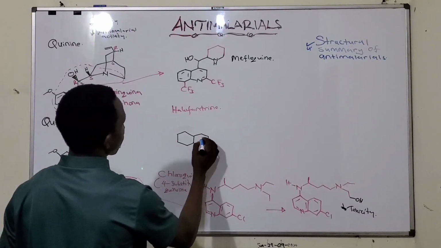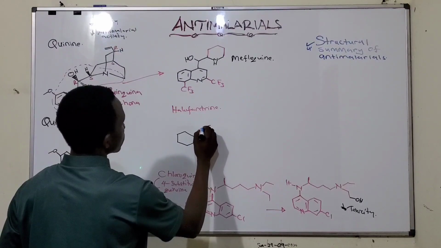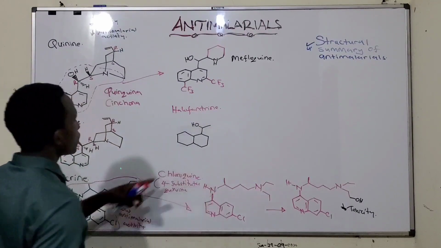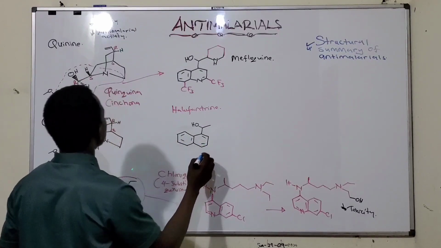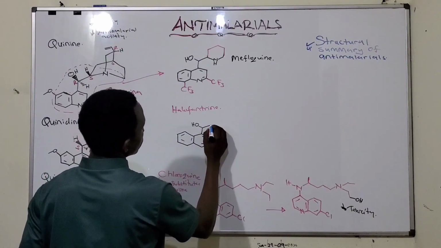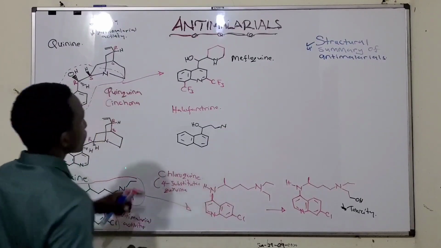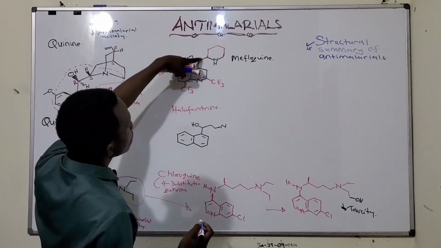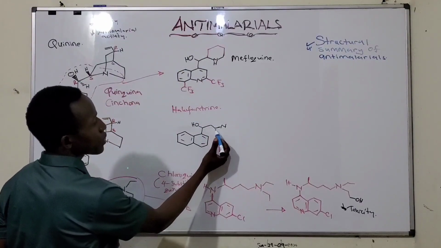Then here we have this with OH, but for it there is no N here. There is no nitrogen. And instead of two carbon atoms to the nitrogen, here there is 1, 2, 3.